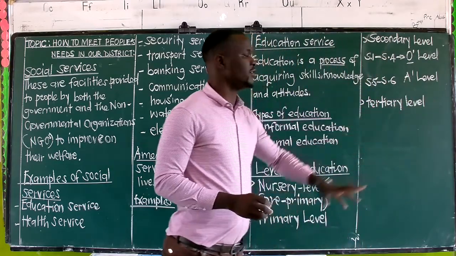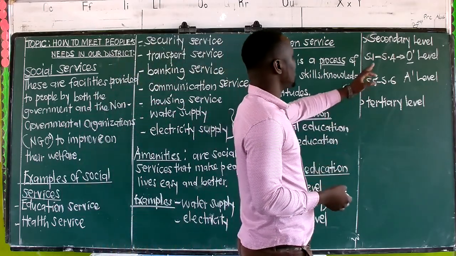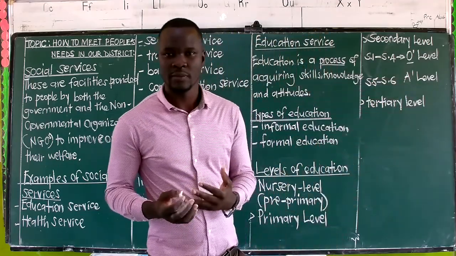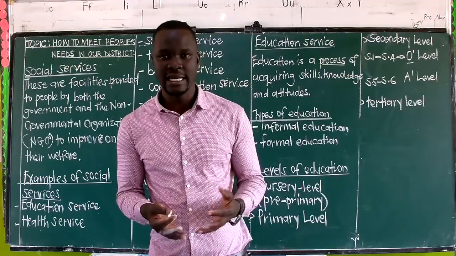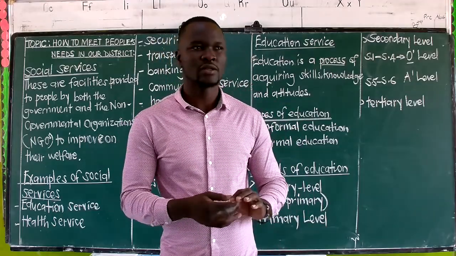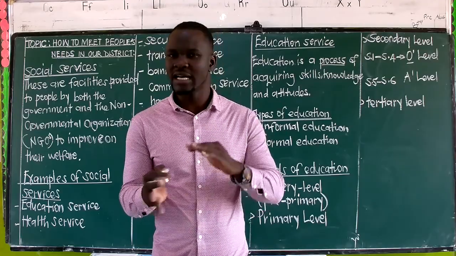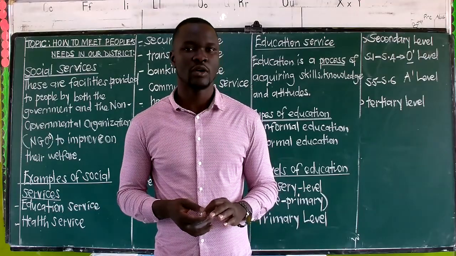Now, in the tertiary level, for example, maybe from senior 4, someone goes to take a course. Maybe someone goes and becomes an engineer, maybe building. Maybe one goes to become a plumber. We are looking at those courses that people go and take. That is what we call tertiary.